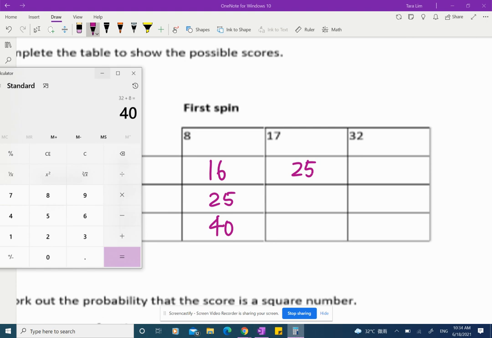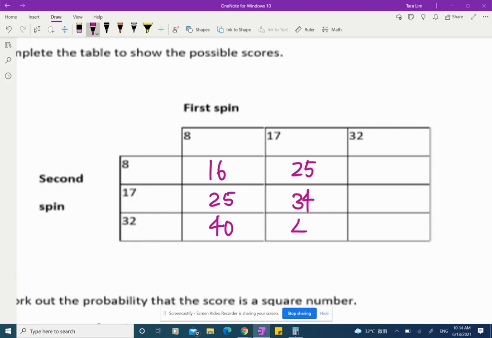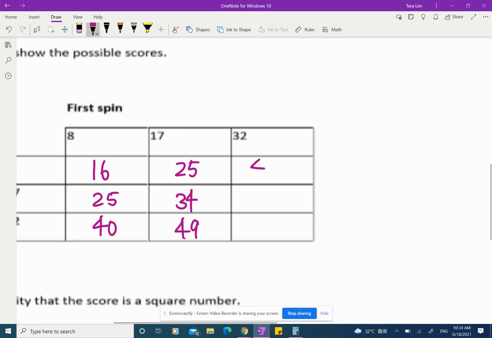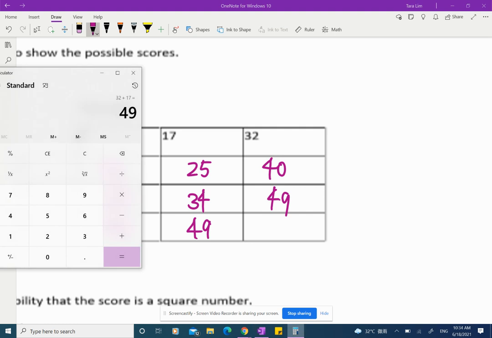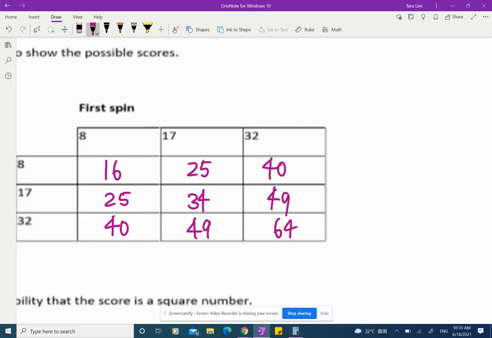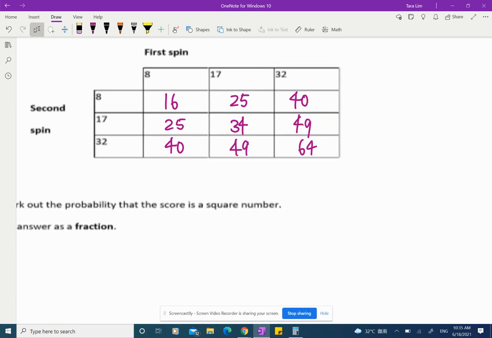And then 17 plus 17 is 34, and then 32 plus 17 is 49. And then 32 plus 8, again, it is 40, and then 32 plus 17, we did that before, it is 49. And then now 32 plus 32 is 64. So we've completed the table now.